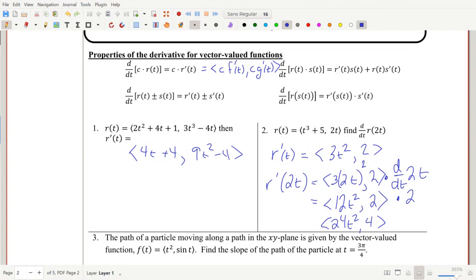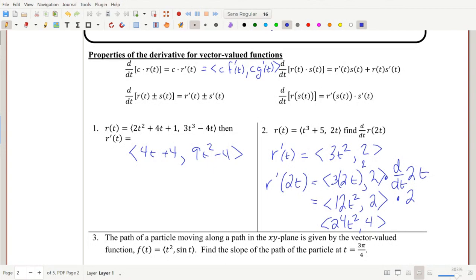I do think you could get the same result if you first plugged 2t in for all of your t's here and then took the regular derivative, but this way highlights the chain rule. So it might have been a little bit easier to have just done 2t to the third power, which would have been 8t cubed.